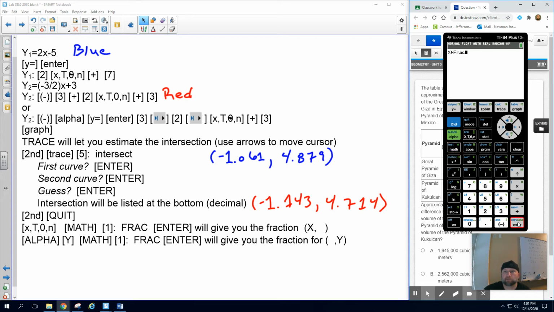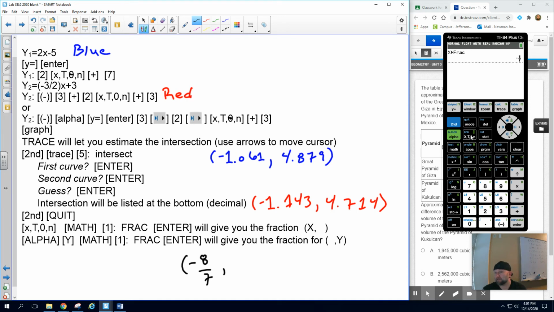So we hit enter. And it gives us that. And we can hit enter. And it tells us that it's negative 8/7. So we know that this is negative 8/7, comma.